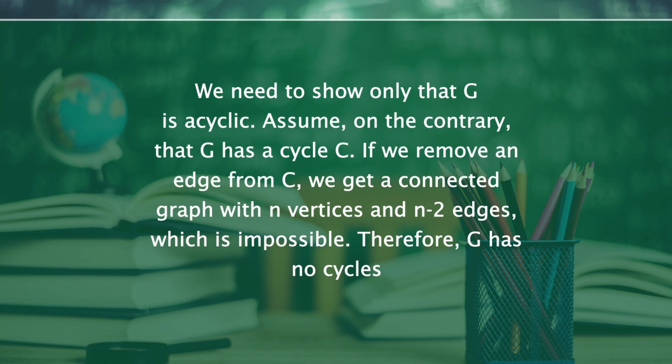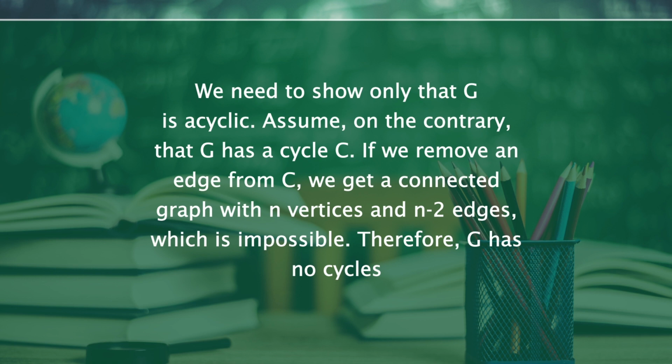So assume on the contrary that G has a cycle C. Now if we remove an edge from C, we get a connected graph with n vertices and n minus 2 edges, right?